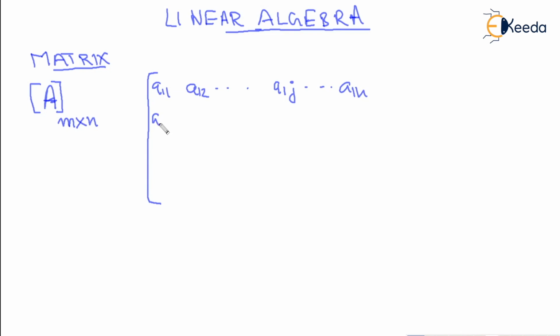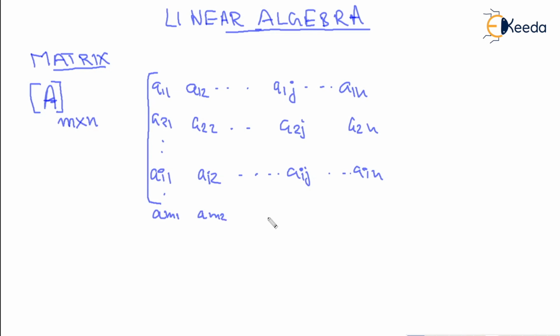Second row a21, a22, so on, a2j, a2n, and likewise ai1, ai2, aij, ain, and finally am1, am2, amj, amn.